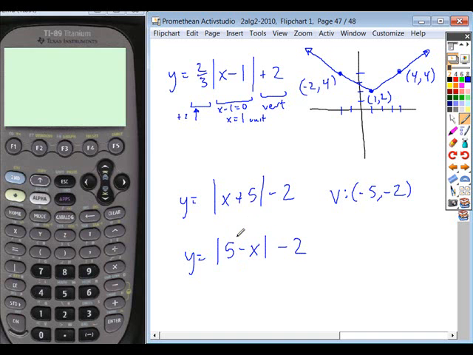But if you use the rule of take the entire expression inside absolute value and set it equal to 0, what value of x gives you 0 in there? 5. So that is your actual horizontal shift. So you're actually shifting it 5 units to the right, down 2 units. Okay, so be careful on that. You probably won't see this type of equation or form, but just on the off chance you do.